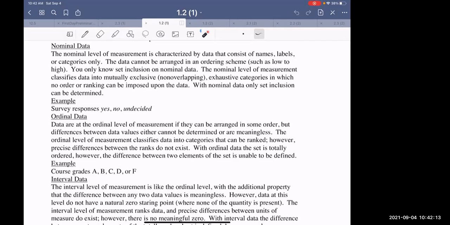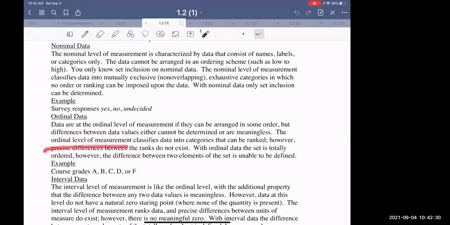We can completely order the set, but differences between data values cannot be determined or are meaningless.